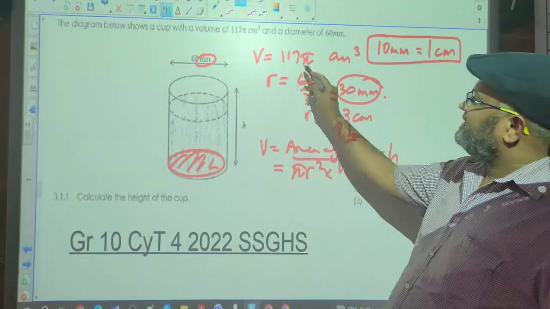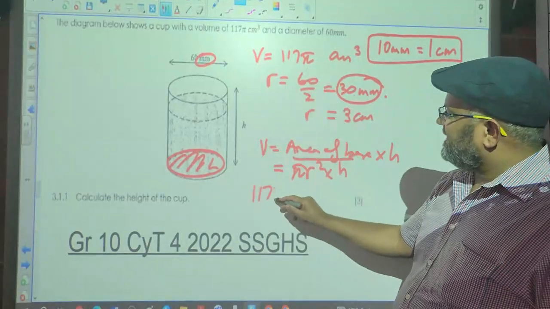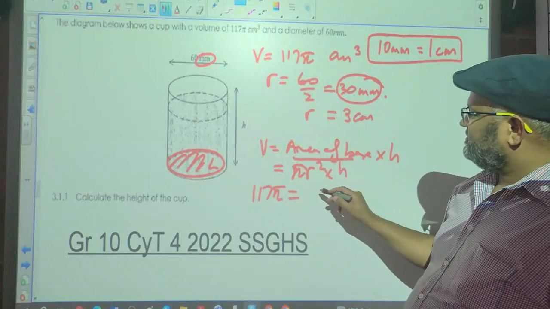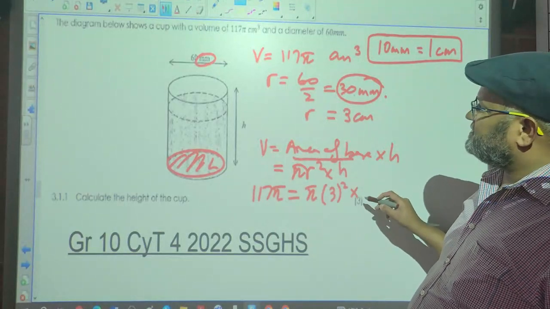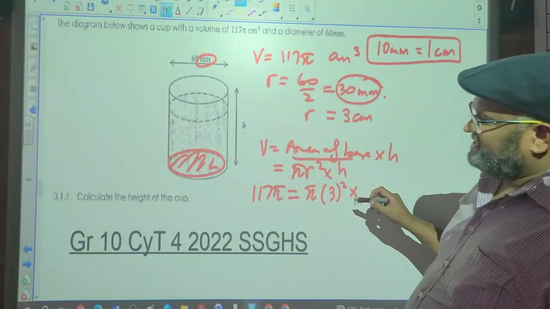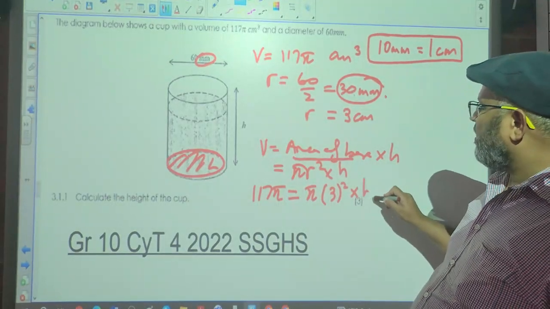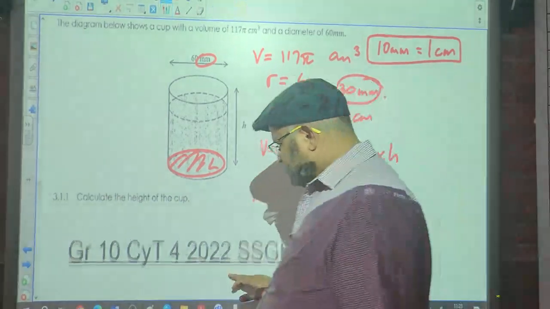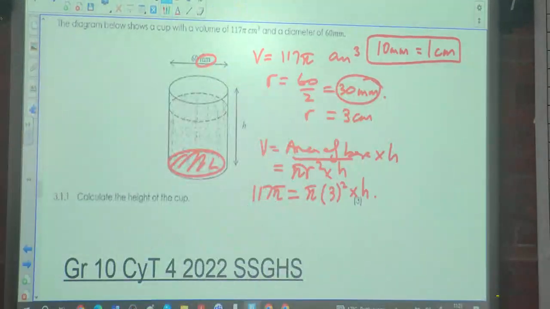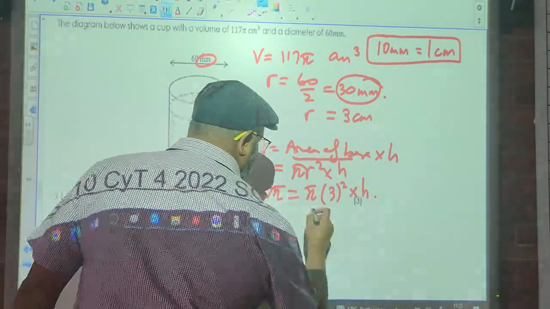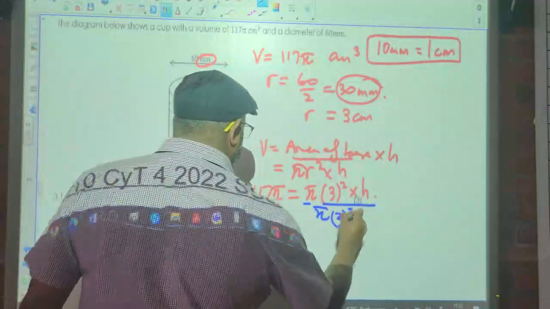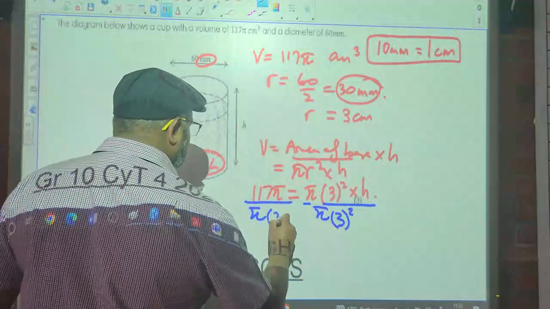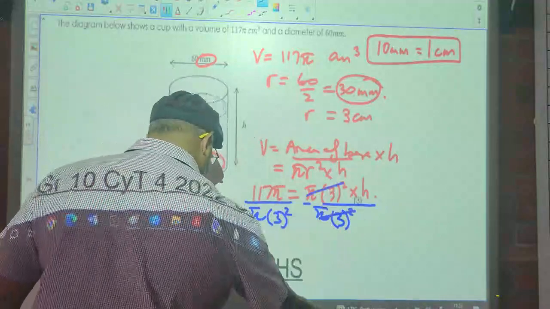So what's the volume here? 117 pi is equal to pi times 3 squared times height, which is unknown. That's what you want. So how do I get h on its own? Height is 117 pi divided by pi times 3 squared. Of course the pi's cancel.